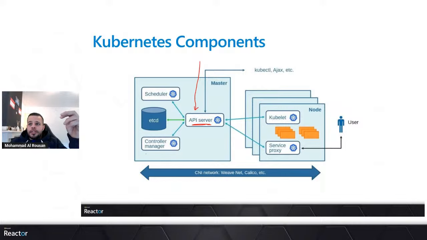The second one is the controller manager. The controller manager keeps an overview of what's happening in your Kubernetes cluster. For example, if you have one pod and this pod dies or needs to be restarted, this will be managed by the controller manager.